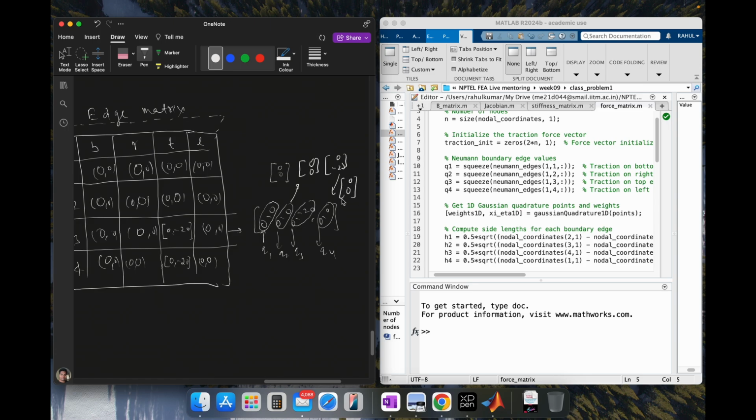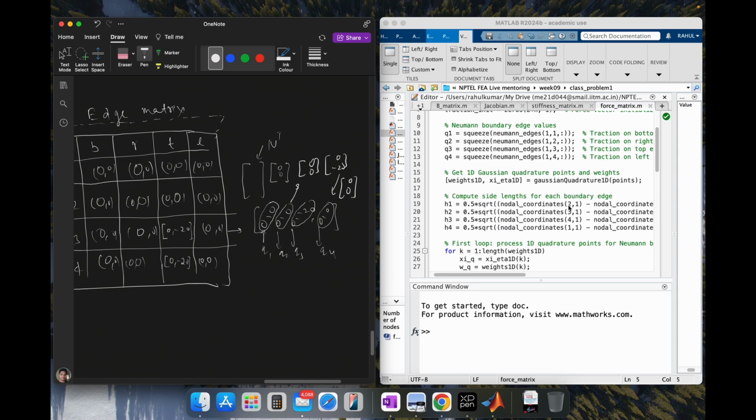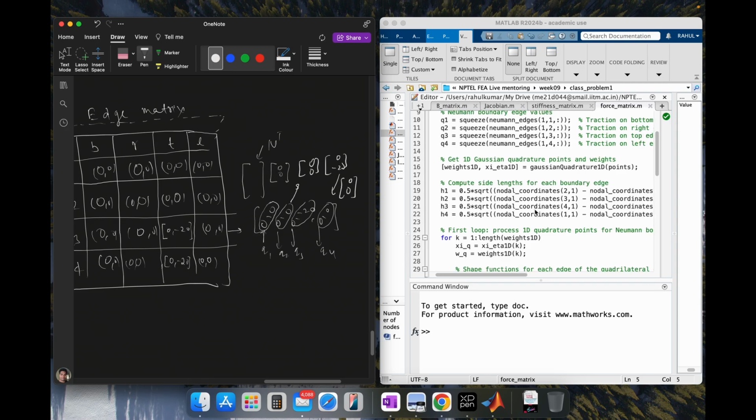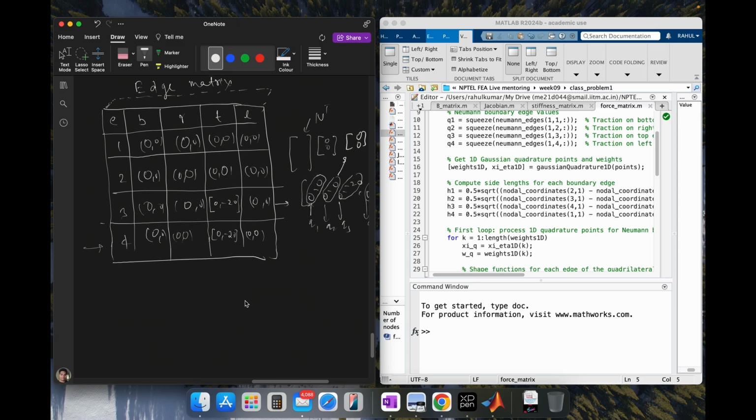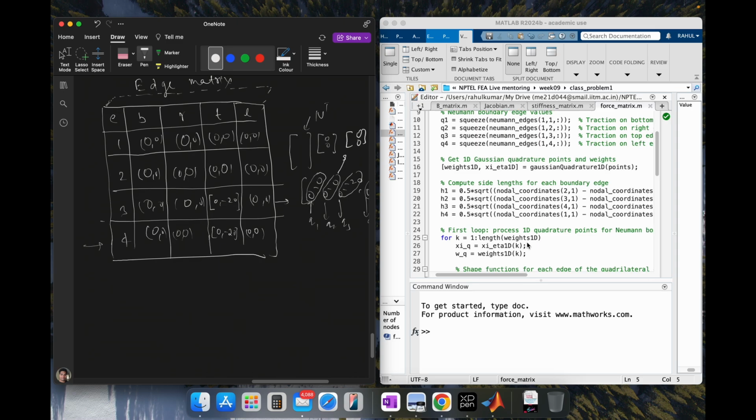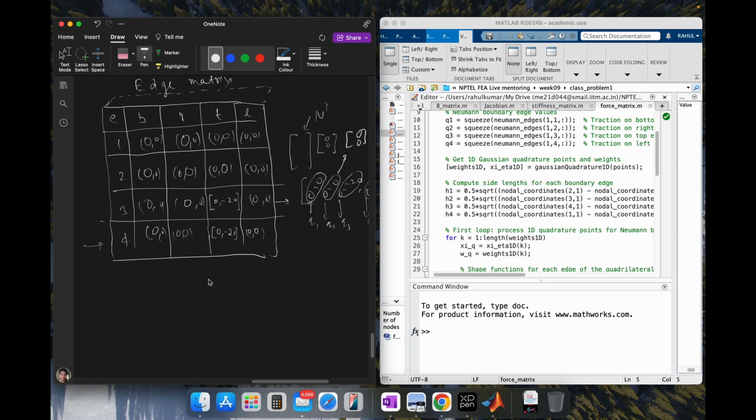So that for each edge it will be multiplied with the shape function. So here it will be what? Shape function, okay. Then we will call the Gauss quadrature point. Now this h1, h2, h3 and h4 is the Jacobian for the line integral, and we already saw that this is nothing but this h.